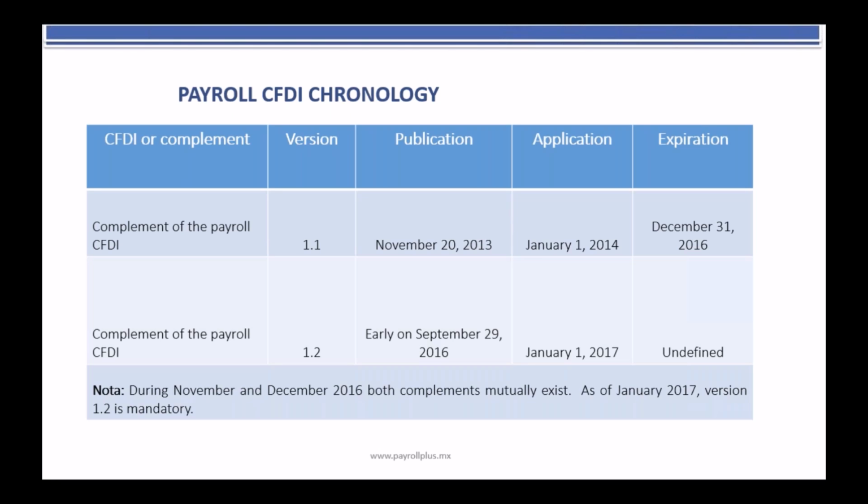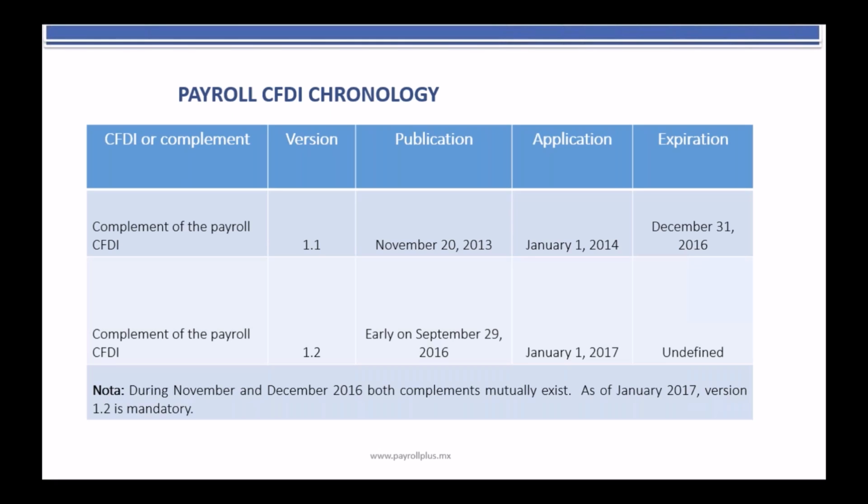Now, this version 1.2 will allow the identification of the recipient's tax ID. And the authorities have mentioned through several forums that right now CFDIs for payroll are including a lot of tax IDs that do not even exist. So this version is going to provide a validation method.